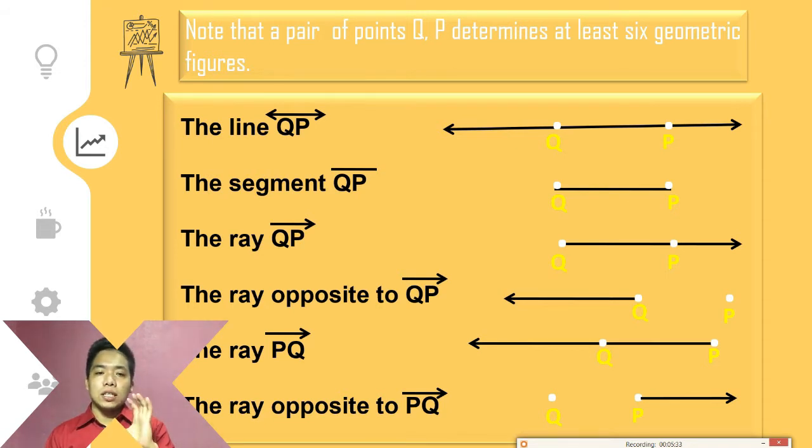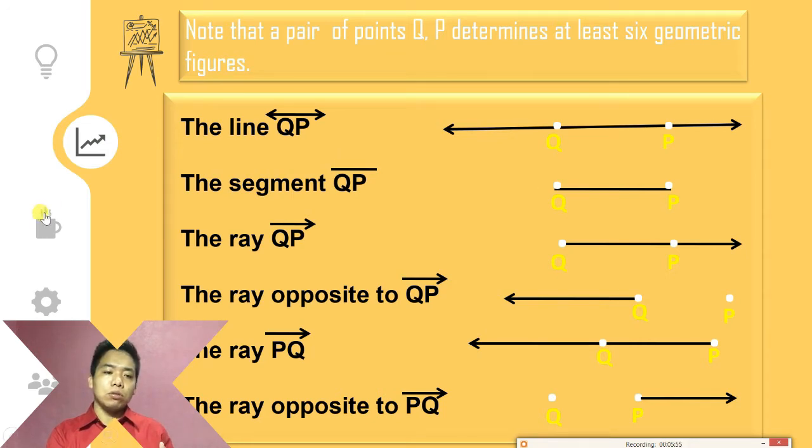Those are the geometric figures that can be formed out of 2 points Q and P: the line QP, segment QP, the ray QP, the ray opposite to QP, the ray PQ, and the ray opposite to PQ. So that's all about rays.